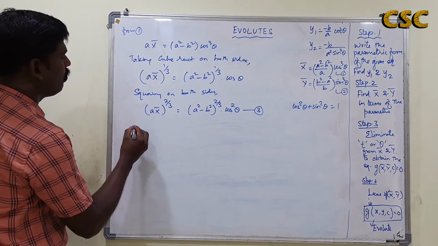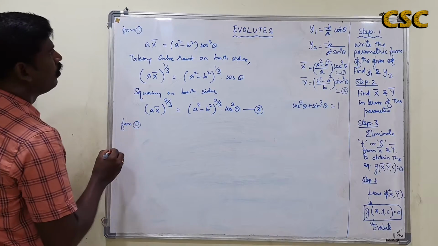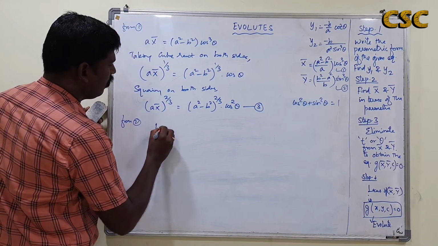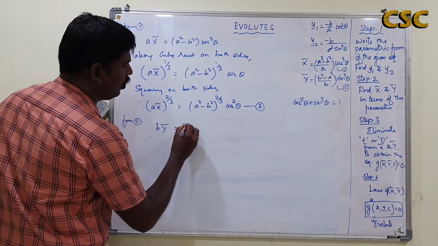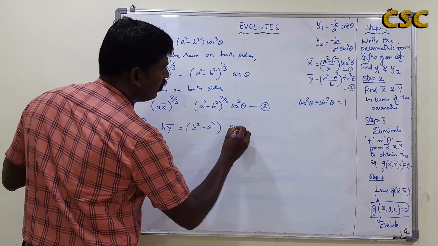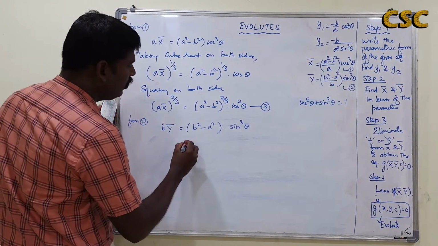Right? What is y bar? Same like that from 2. From 2, taking this b to the left hand side, b into y bar is equal to (b square minus a square) into sine cube theta. Isn't it? Right.